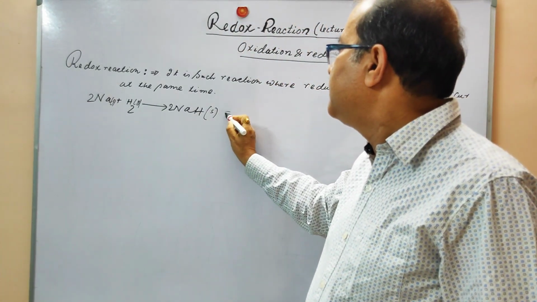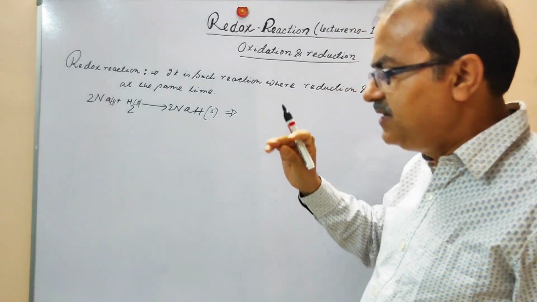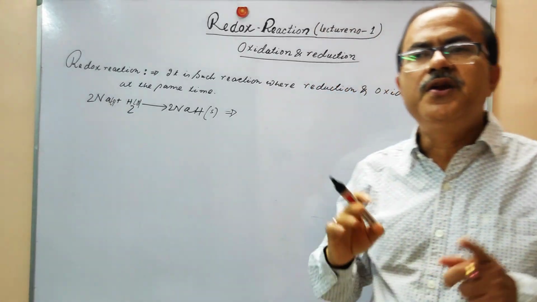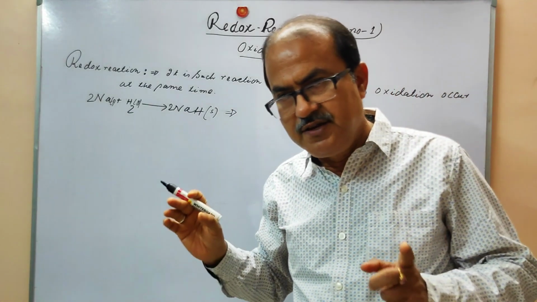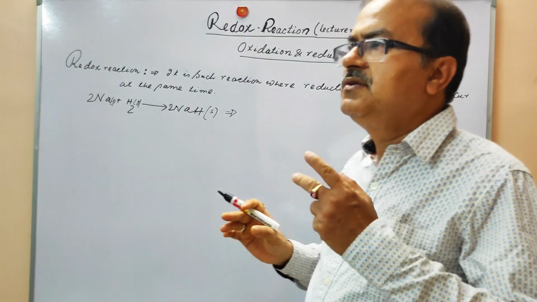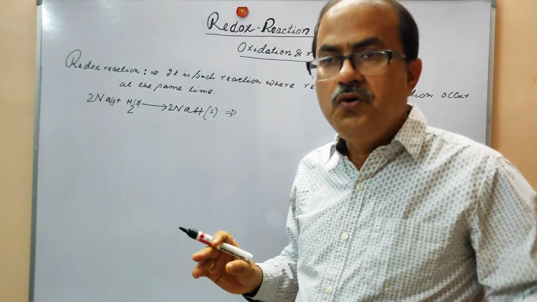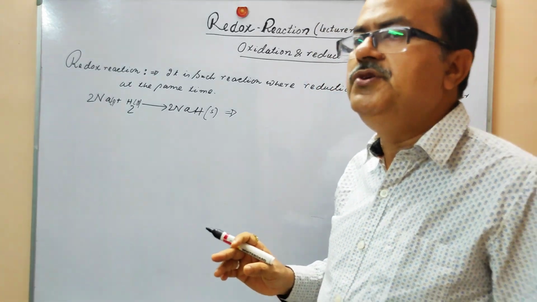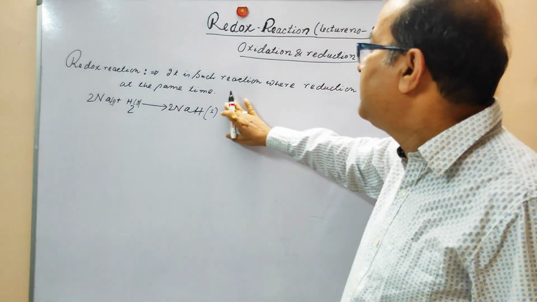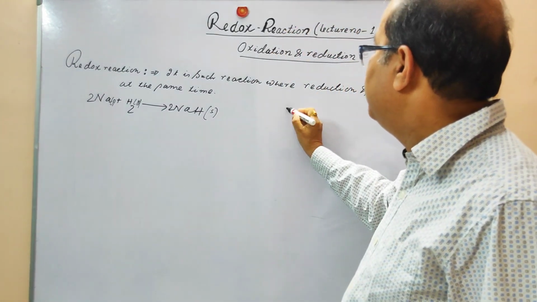So let us understand this in different ways. We have to understand this reaction in different ways, and that is how we can correctly predict which is oxidized and which is reduced in this reaction. For that, let us take an example of this.